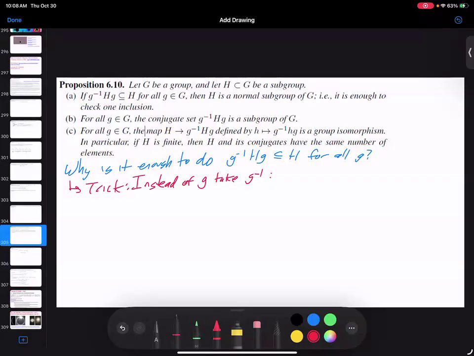We know that this is supposed to hold for all elements in the group G, so let's take it for the element G inverse. Now we get G inverse H, G inverse inverse is contained in H. But what is G inverse inverse? It's G. We get G, H, G inverse is contained in H.